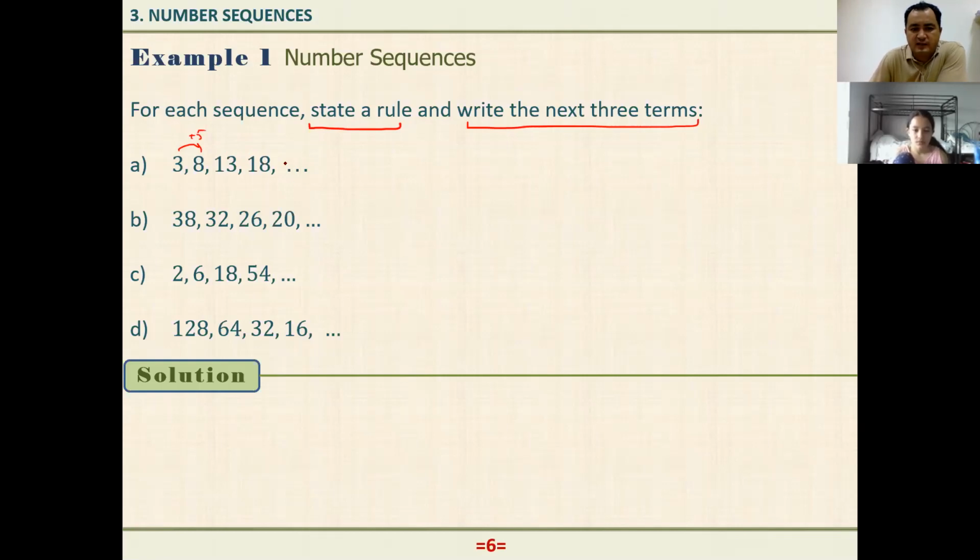So the next term will be 18 plus 5, 23. 23 plus 5? 28. 28 plus 5? 33. Very good. It says only 3 terms. That much is enough. Actually, it continues, so just writing 3 terms is enough.